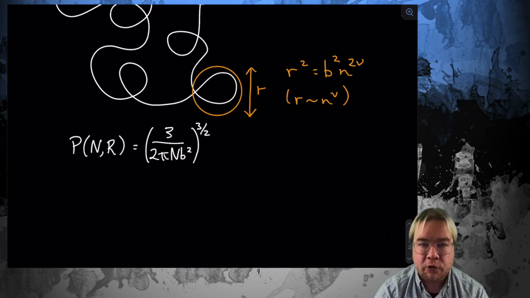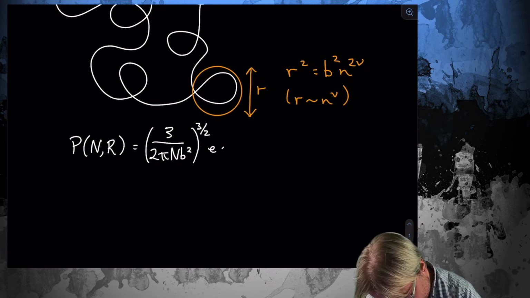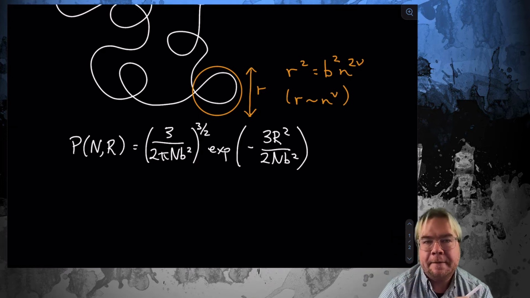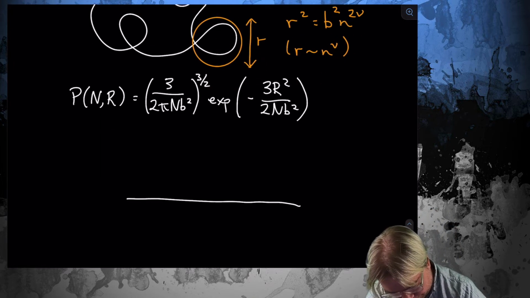That prefactor is just to normalize it so that the integral of the probability distribution is equal to 1. And then that is multiplied by the exponential of minus 3r squared over 2nb squared.